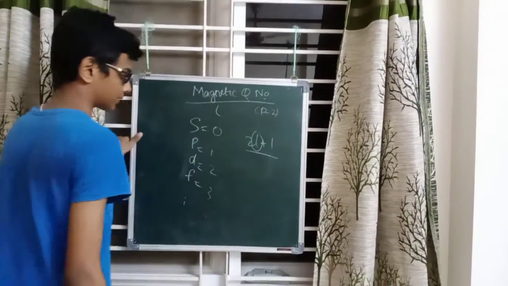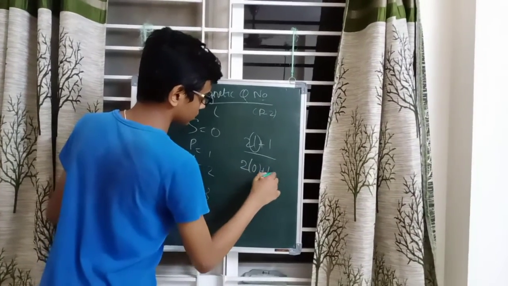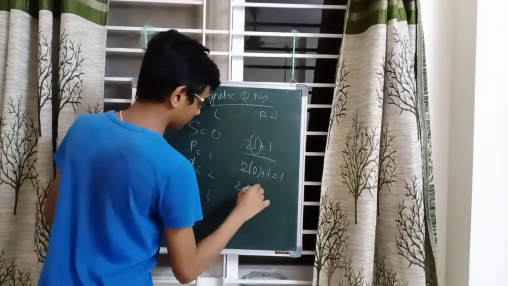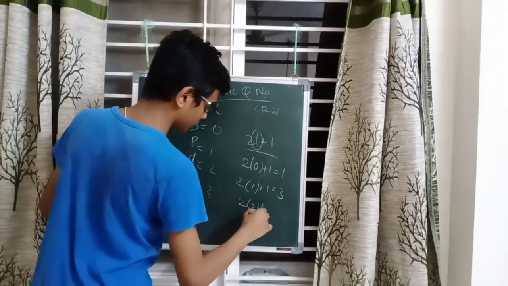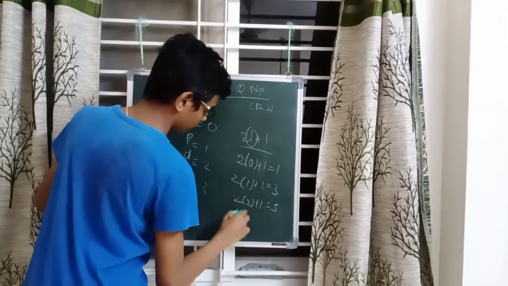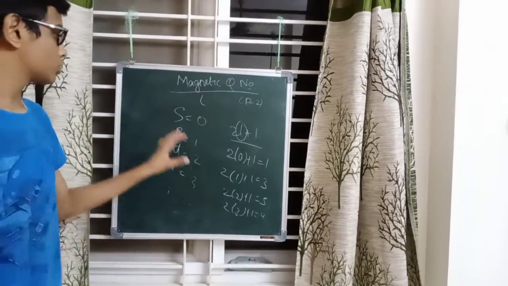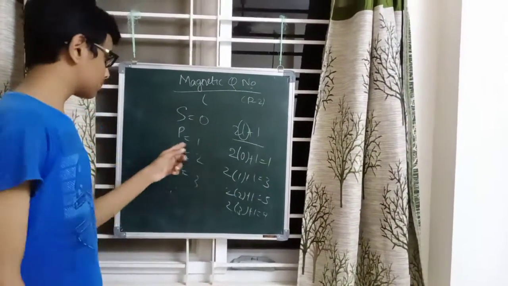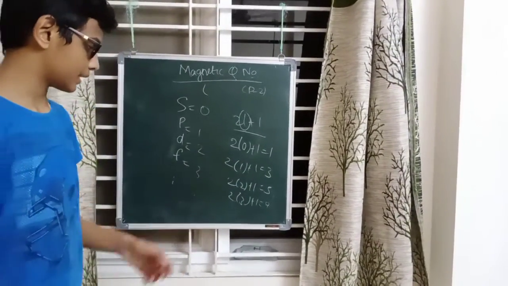Let's start. For S, 2 times 0 plus 1 is 1; for P, 2 times 1 plus 1 is 3; for D, 2 times 2 plus 1 is 5; for F, 2 times 3 plus 1 is 7. So for S, there is only one orientation, P has 3 orientations, D has 5 orientations, F has 7 orientations.